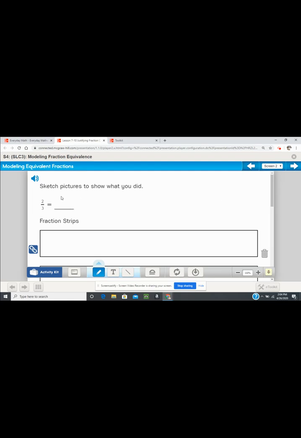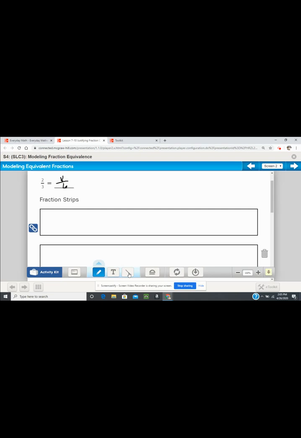As before, and this time we're using fraction strips. I'm going to go ahead and fill this in because if it's the same as before, we know that 2/3 is equal to 4/6. And let's show that on our fraction strips here. Once again, we say 2/3 is about here.